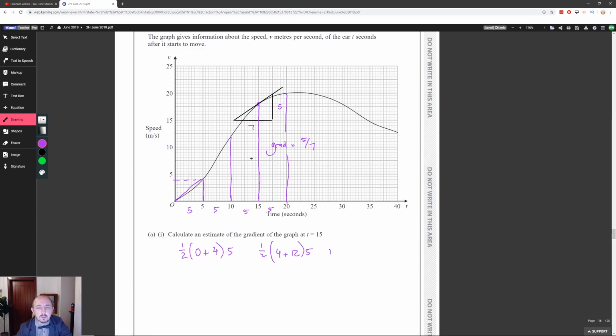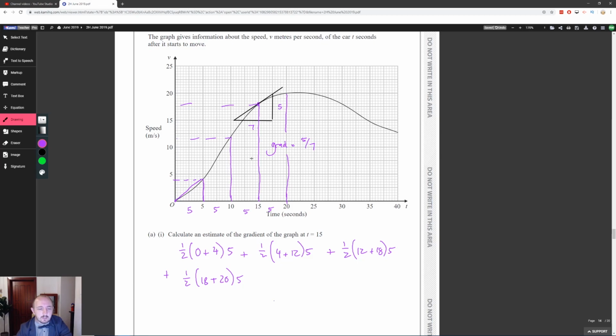The third strip, so we're going to add all these together at the end, we're going from a half of 12 plus 16, 17, 18, times 5, and the very final strip is a half of 18 plus 20. Okay, so I'm just reading off these values here to try and get my heights of my trapezium here.